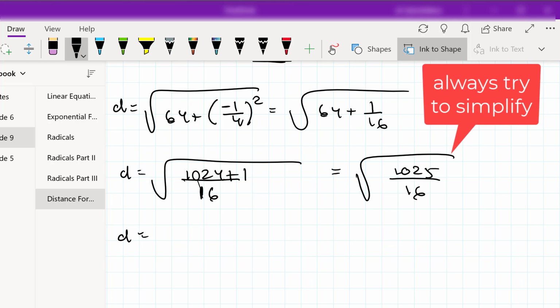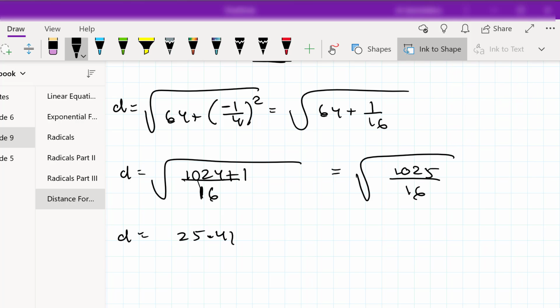We can notice that 1025 is really 25 times 41. And 16. The way I did this was I said, okay, 1025 can be divided by what? The highest number that I came up with was a multiple of 25.